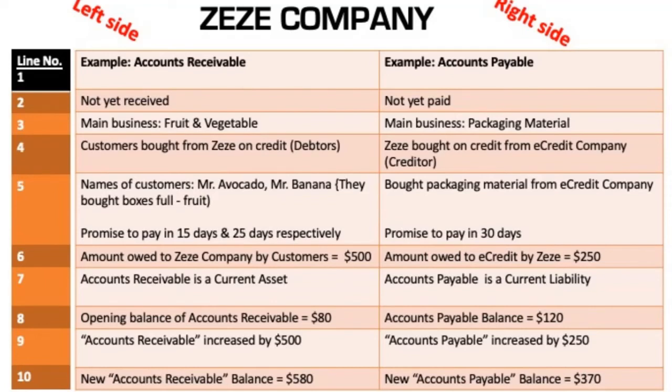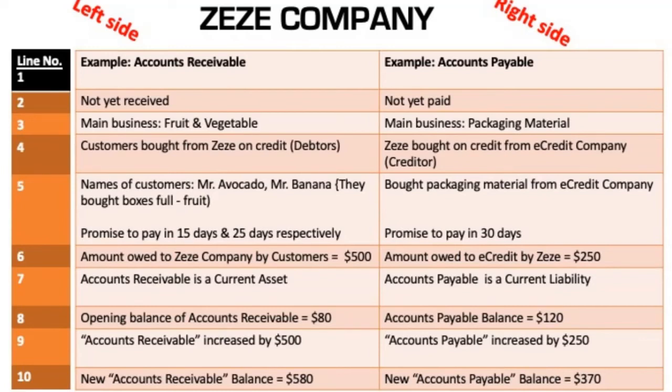Then Zeze company, in this case, is the debtor to e-credit company, and e-credit company is the creditor to Zeze company. Let me repeat myself. Zeze company under accounts payable is the debtor to e-credit company, and e-credit company is the creditor to Zeze company. The payment will be done in 30 days. Acceptable.